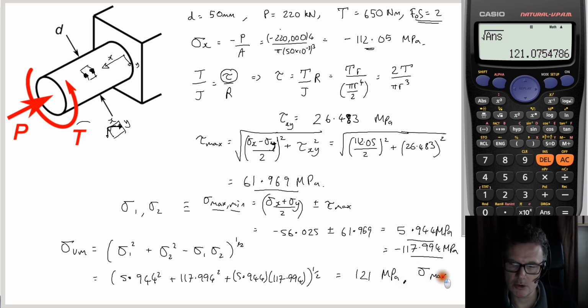So your maximum stress that you can apply will be whatever you find the von Mises stress to be. That's the 1, and we divide it by 2, so we make sure the maximum stress we apply will be less than that. So let's divide that by 2, and that gives us 60.5 megapascals.